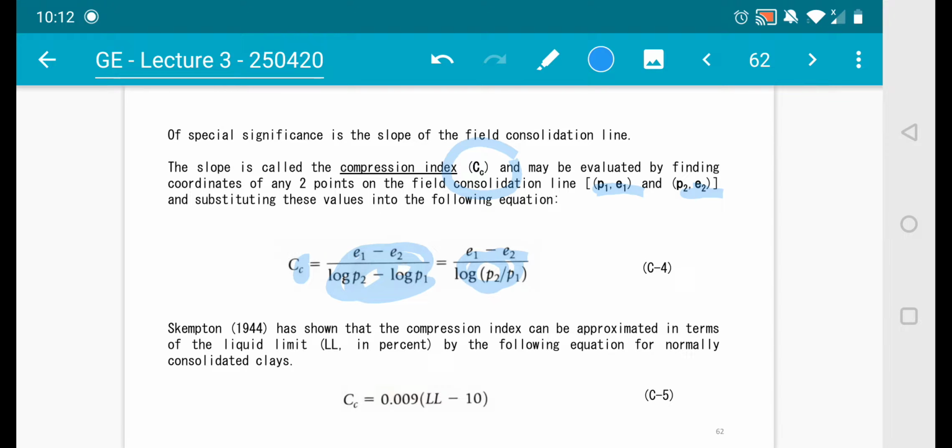Now, Skempton in 1944 has shown that the compression index can be approximated in terms of the liquid limit, LL in percent, by the following equation for normally consolidated clay. So we have another equation to get CC. This is by Skempton. Now I'm showing you two approaches to get CC.